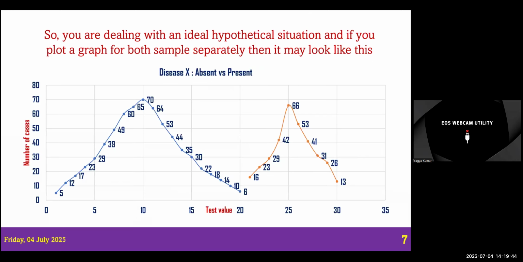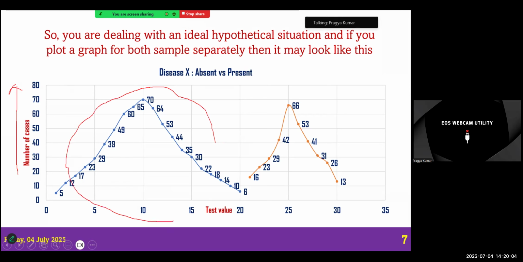In this case, if you plot a graph, on the x-axis it is the test value, and on the y-axis it is the number of people showing these values. This is a clear-cut graph when there is no overlap.